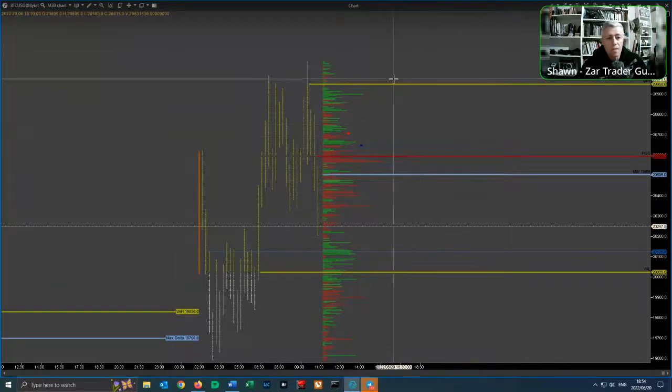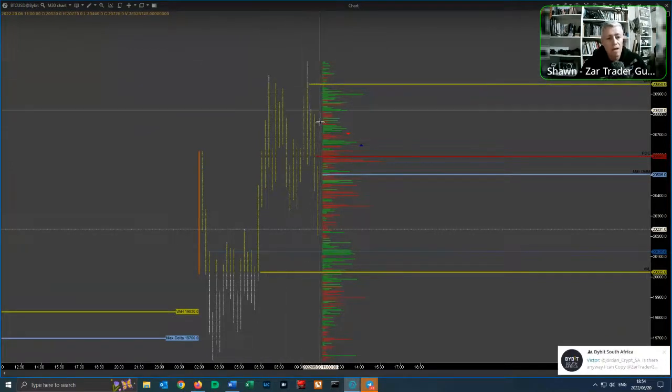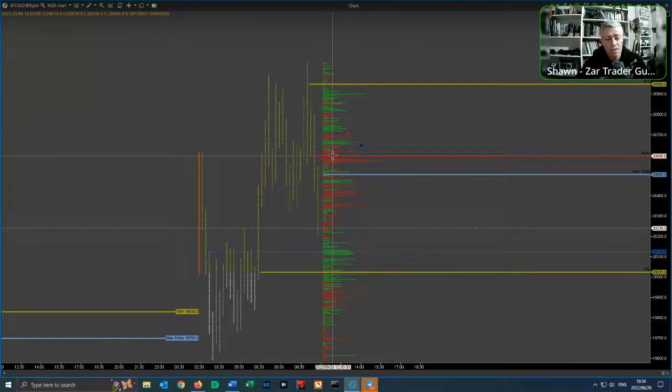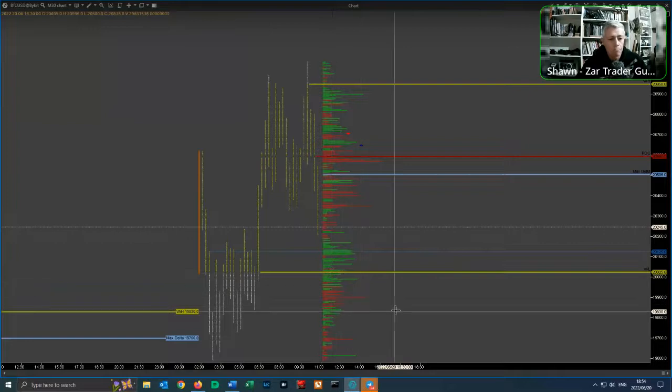The best place to place a trade here is at this value area high. Price came in, touched it once, twice, three times, wicked through, rejected, and came down and fell through. So a good place would have been to take a short there, and possibly take profit at the POC or even at the value area low over here.